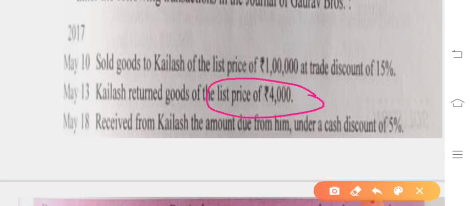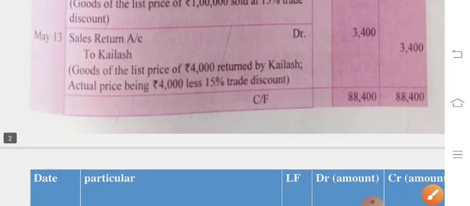The next point is: Kailash returned goods of the list price 4,000. Here this list price 4,000 plays a very important role. So let's move towards the calculation of this. What is happening here is that Kailash has returned goods of the list price of 4,000.